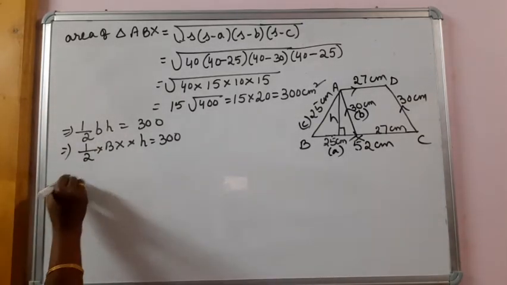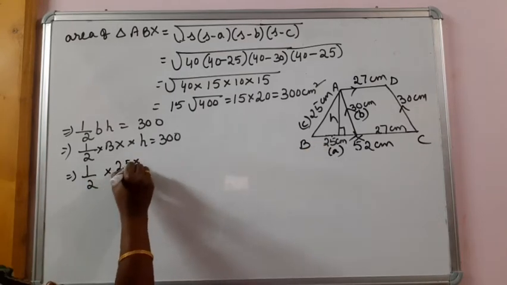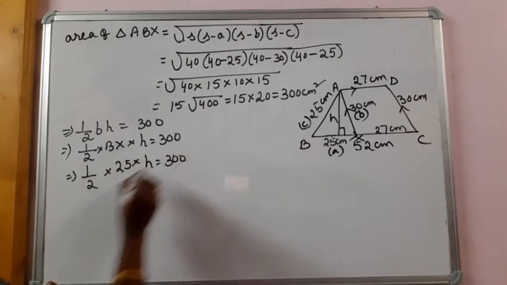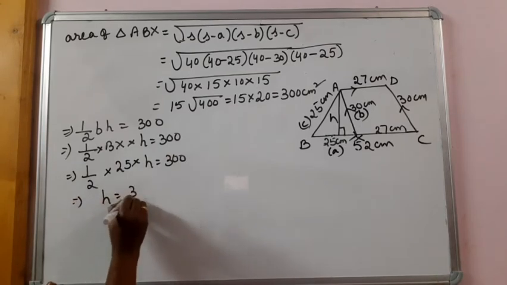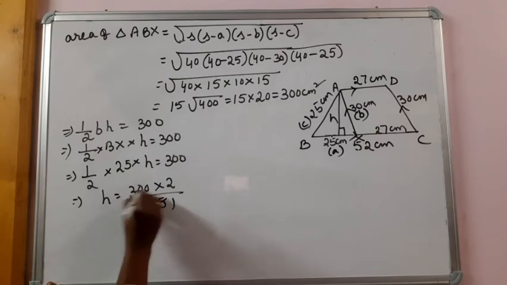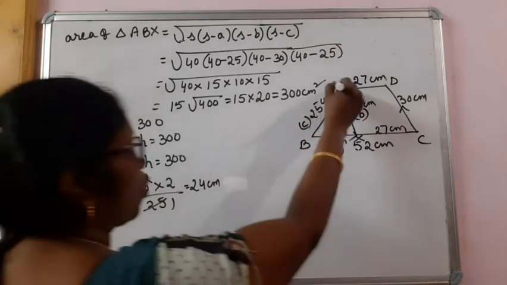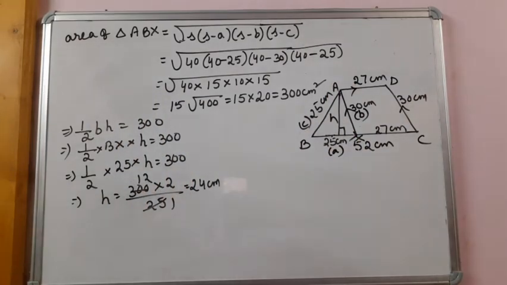Here BX is 25, so half into 25 into height is 300, or h is equal to 300 into 2 by 25. 25 twos are 50, 600 by 25, that is 24 cm. So the height we got is 24 cm.